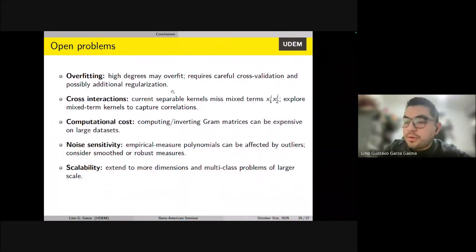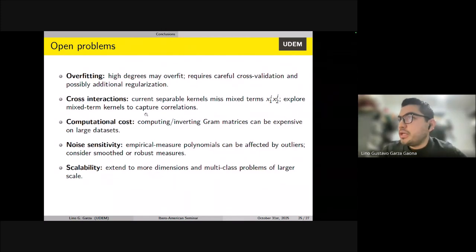So we have a good result. Also, we're still thinking about considering cross interactions, which means considering terms with a mixture of features or columns, and exploring how that kernel would work.